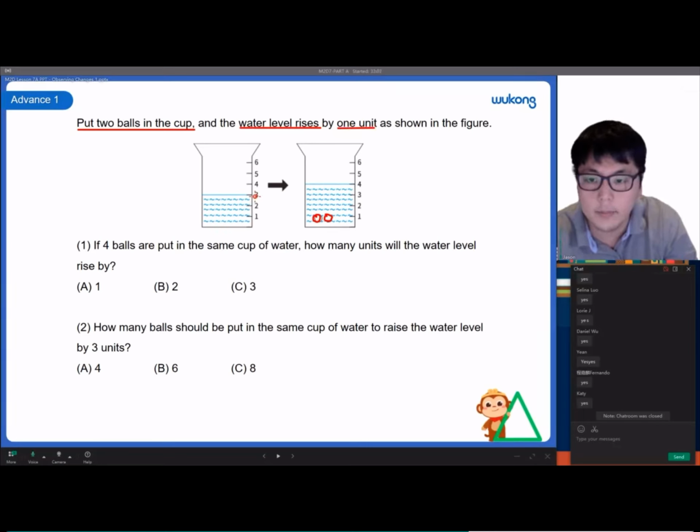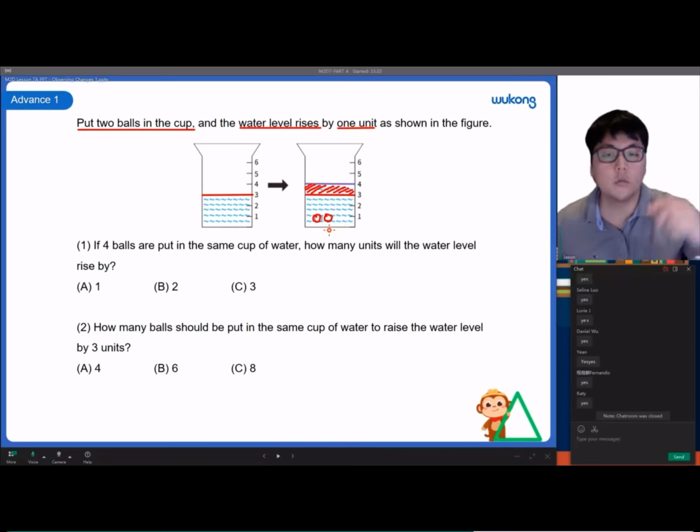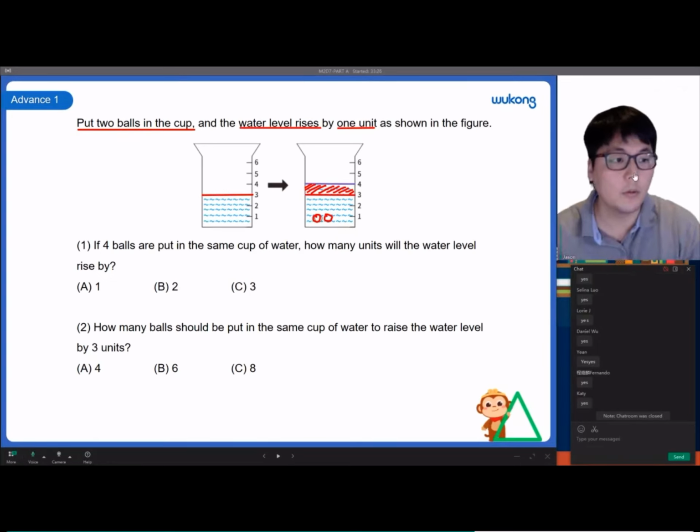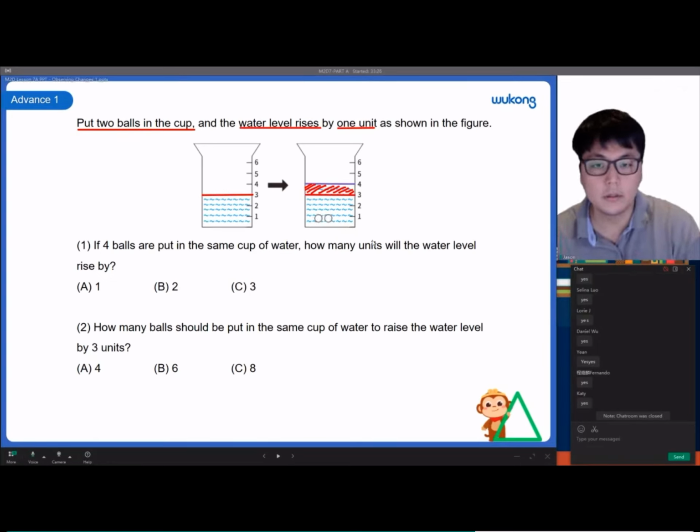As you see, before, the water level was 3, and now the water level is at number 4. So you can see that the water level has risen by 1 unit. This is how much the water level goes up if you put in 2 balls. Okay? So there you go.